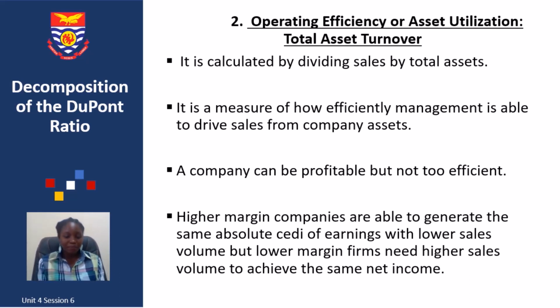So there are firms that can make a lot of income with lower volumes of sales, but there are others who also have to make a lot of sales before they can generate earnings. So you want to know what kind of margin your company falls within. Are you in the high margin company or a lower margin firm? So you want to assess all these.